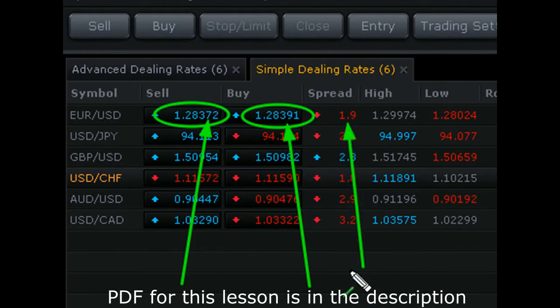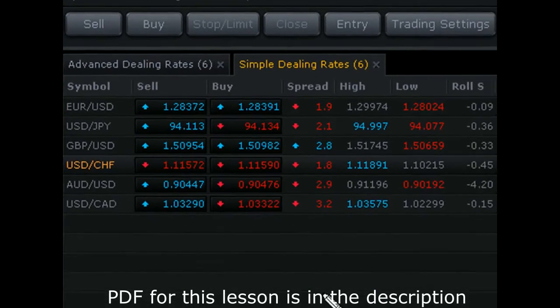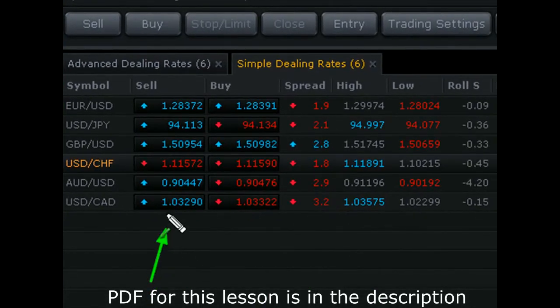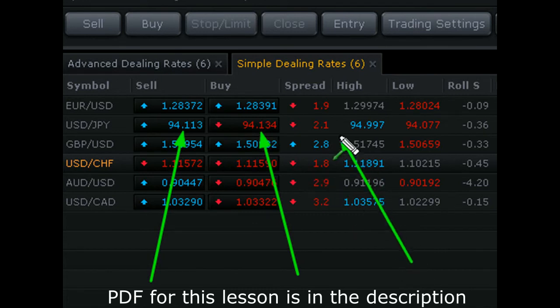Remember, a pip is the 4th decimal place. So here with euro against US dollar, 1.2837 to 1.2838 is 1 pip. So similarly, for USD JPY, we've got a sell price of 94.11 and a buy price of 94.13. So the spread is simply the difference between the buy price and the sell price.